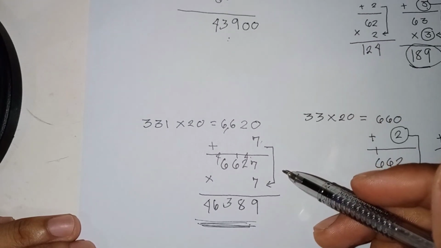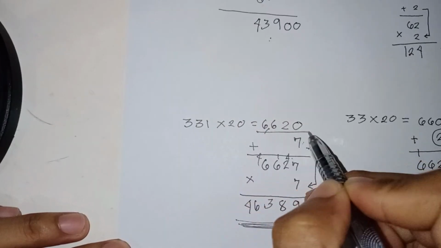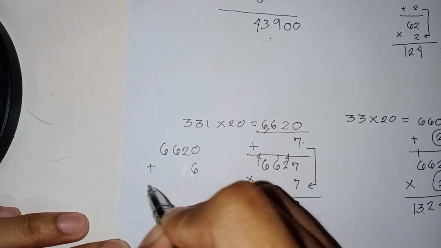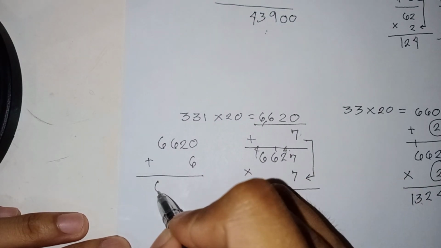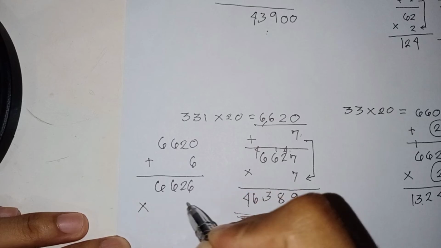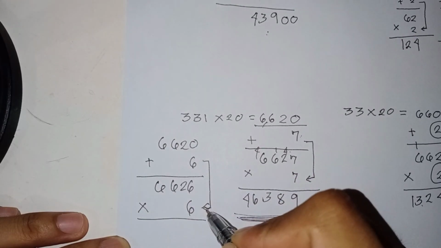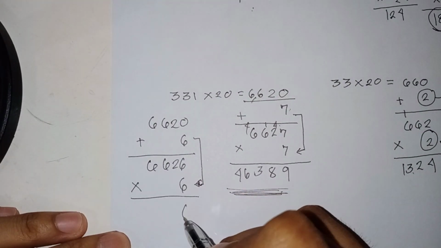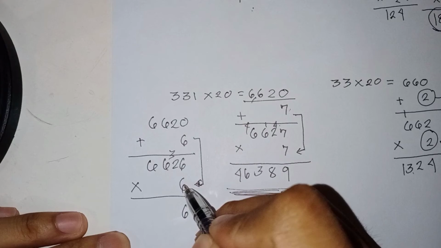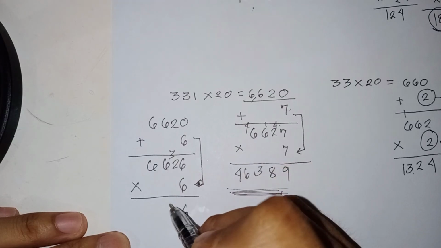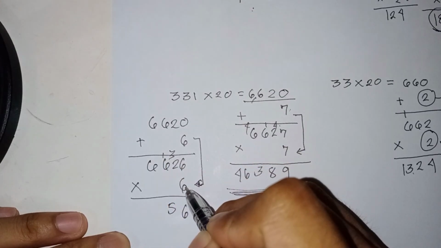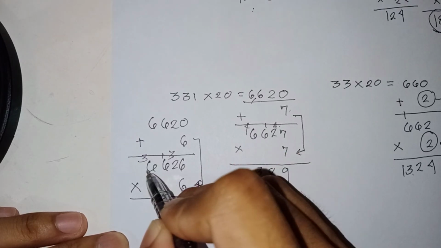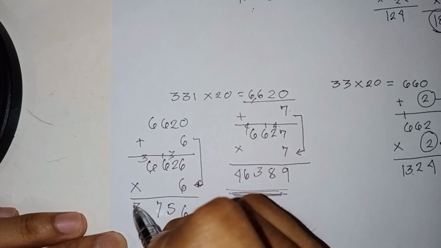So let's try 6. 6,620 plus 6 gives us 6,626, times 6. So 6 times 6 is 36. Carry 3. 6 times 2 is 12, plus 3 is 15. Carry 1. 6 times 6, 36, plus 1, 37. Carry 3. 6 times 6, 36, plus 3 is 39.